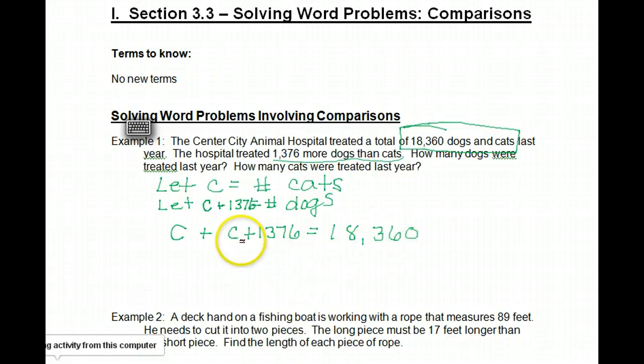You can now combine like terms. C plus C makes 2C plus 1,376 equals 18,360. Subtract 1,376 from both sides.